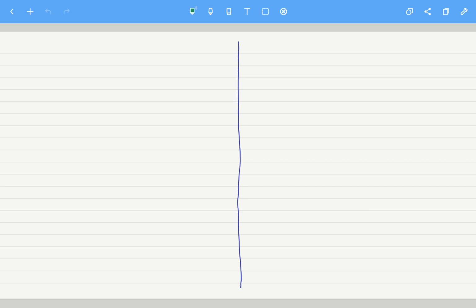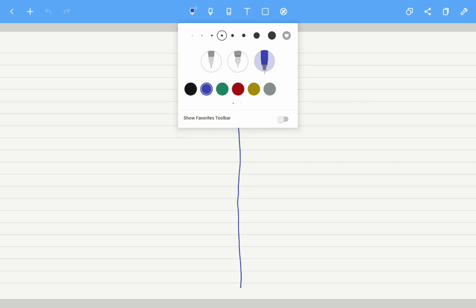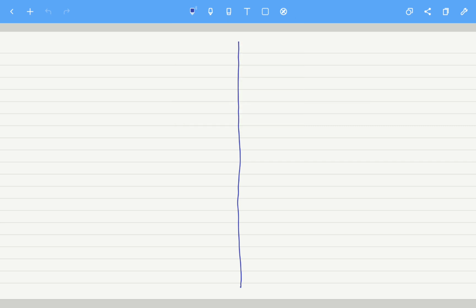Next we will see some equations of a line. We have several types of equations.